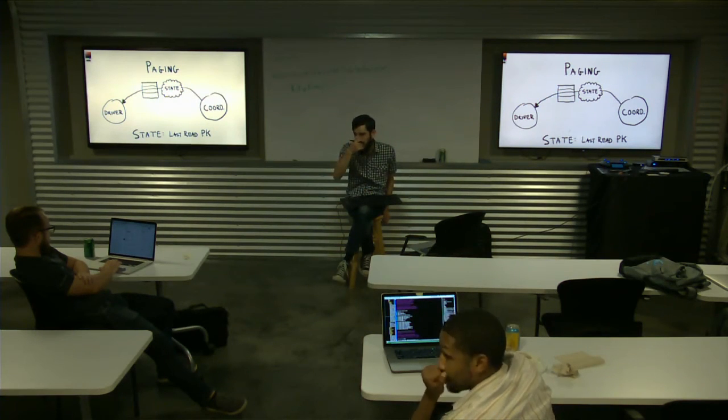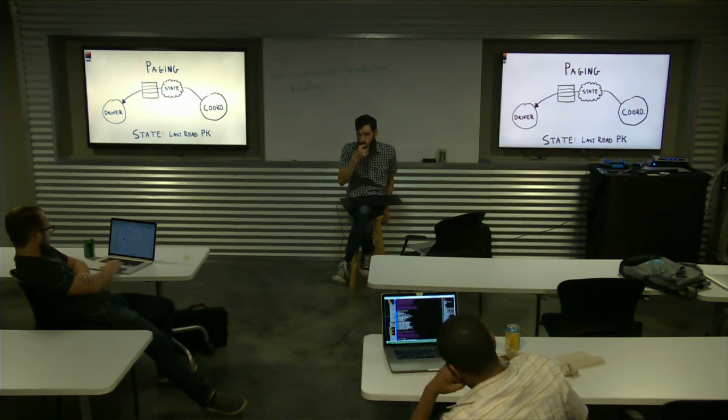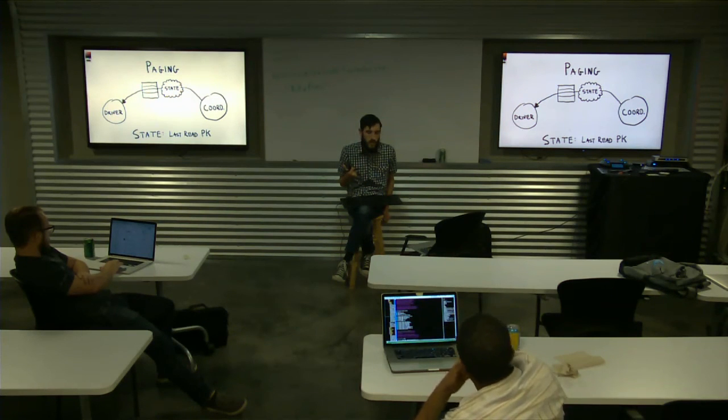Does paging assume that the primary keys are being returned in order and you don't insert any primary keys in the past? So it does assume that the results are always returned in the partitioner order. That's the order of the hash of the partition key, and then within a partition, it's sorted by the clustering key that you define for the table.